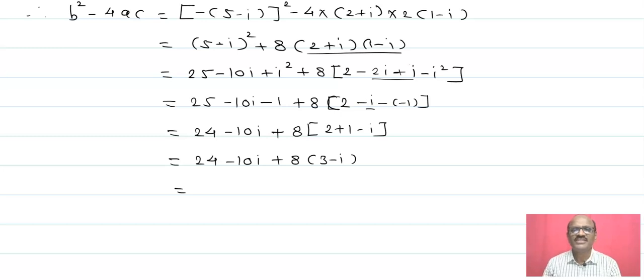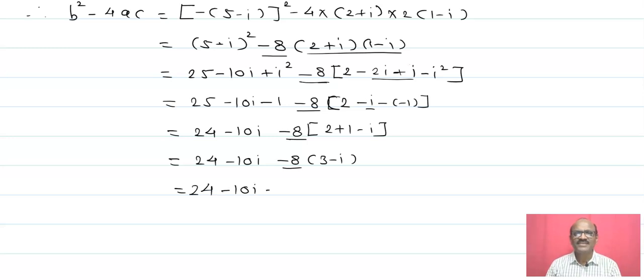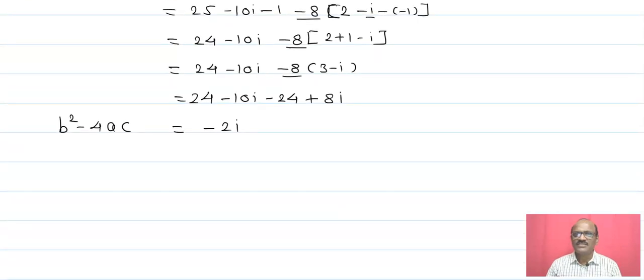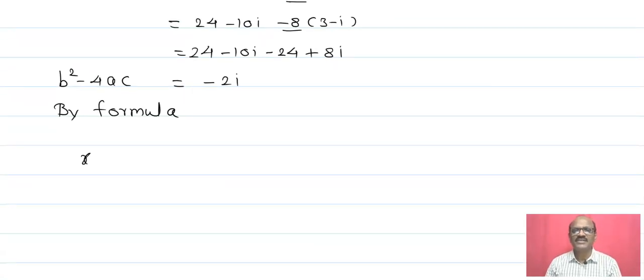Now shortly I will change the sign of that plus 8, which I had written as a minus sign, and therefore it is minus 24 minus 10i minus 24 plus 8i, and overall b square minus 4ac is equals to minus 2i. The value of b square minus 4ac had changed the sign of that 8. It is minus 8.